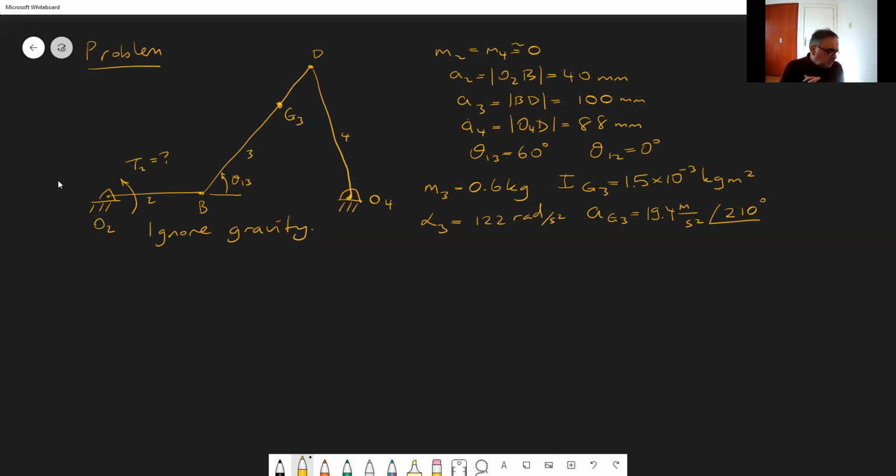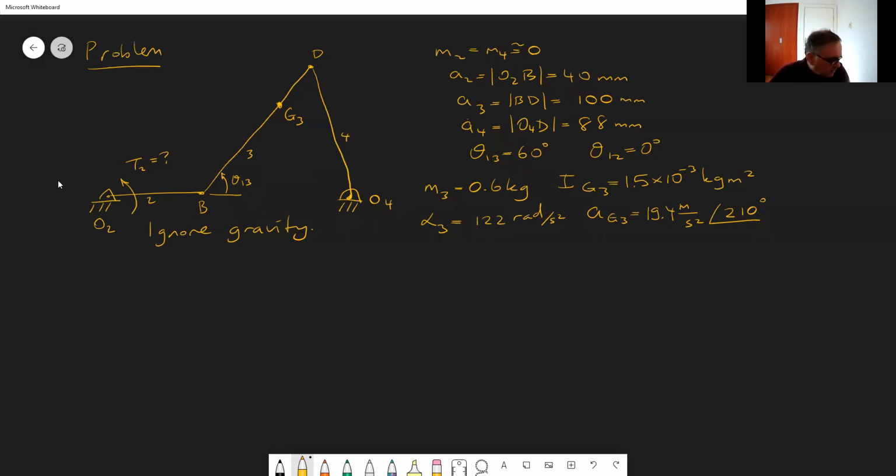So what is this T2, if you want to find it? So actually a lot of things is done here. The accelerations, well, since M2 and M4 are 0, you don't need the accelerations of the links 2 and 4.